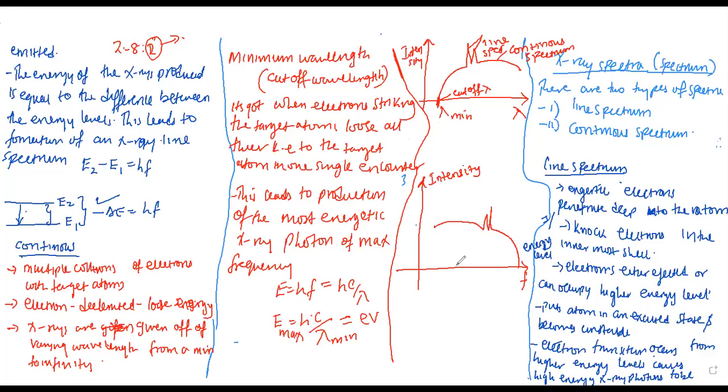It takes a shape of this kind. This will correspond to our line spectrum, and this will correspond to our continuous spectrum. And this is now frequency. For the previous one, this was our lambda, wavelength.